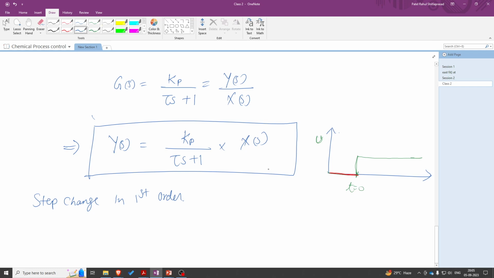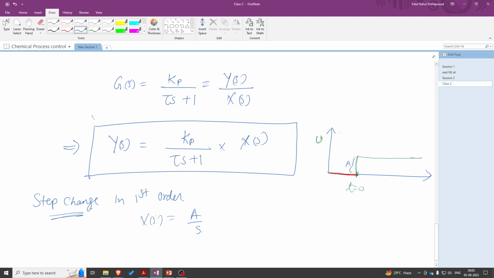So we studied that the formula for the input for this step change, x of s, that is the input of the system, will become a by s. Let's just call the magnitude of the step change a.